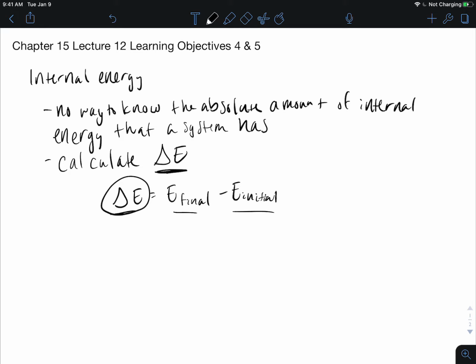So a path function, even though the initial states and final states may be the same, you have to take into account how you prepared that state. So we would say that heat and work are path functions.